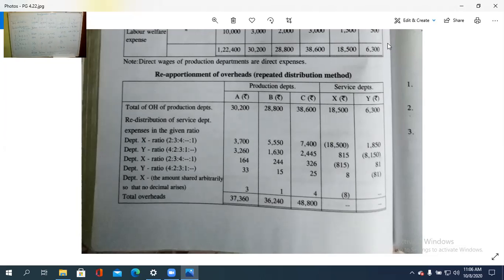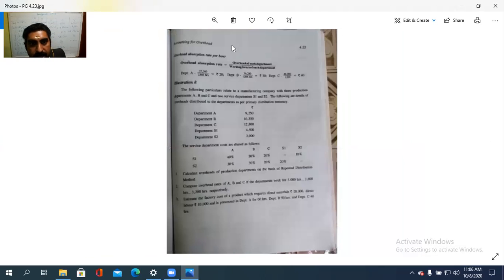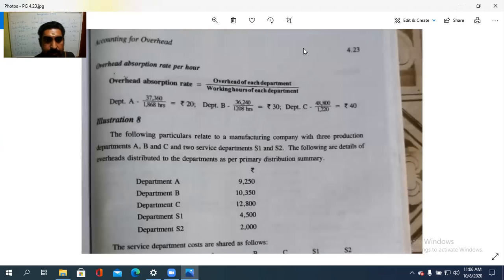Surely this type of question will be asked, because firstly we need to prepare the allocation and apportionment of overheads, that is the distribution summary of overheads, and then the reapportionment of overheads, and then finally we see the total overheads we received. The next procedure is how we calculate the overhead absorption rate per hour.